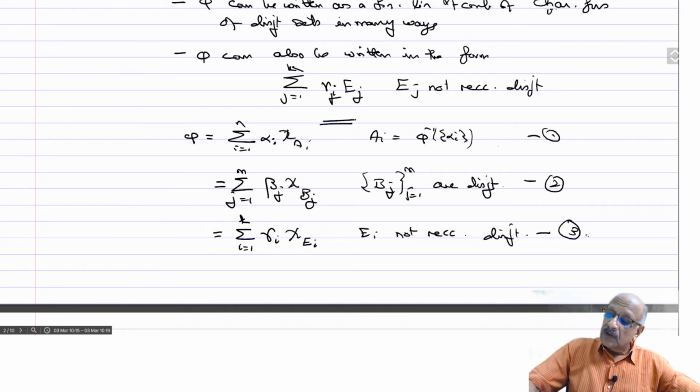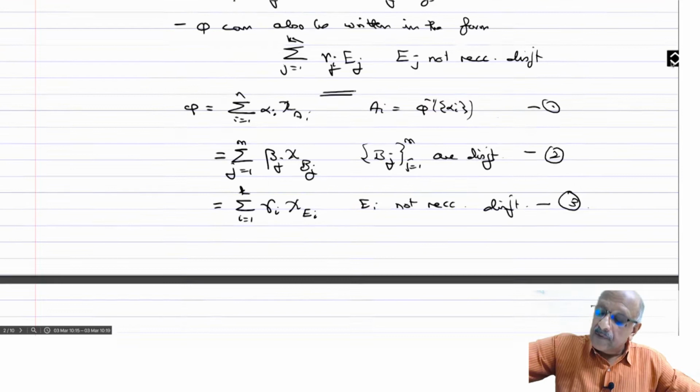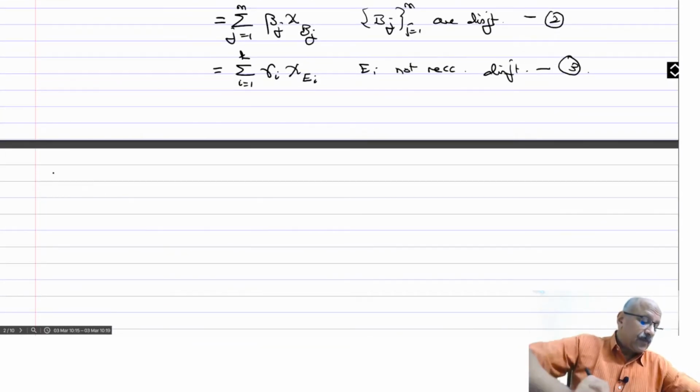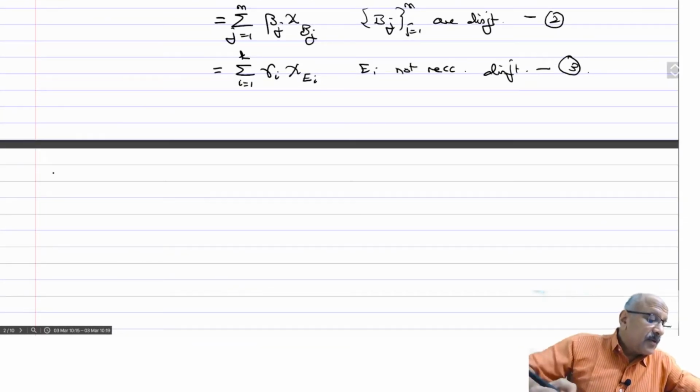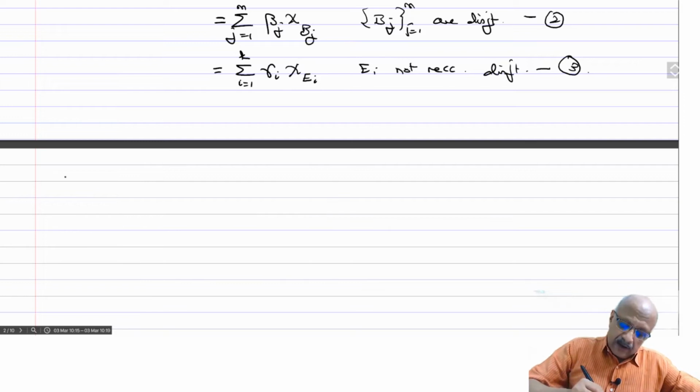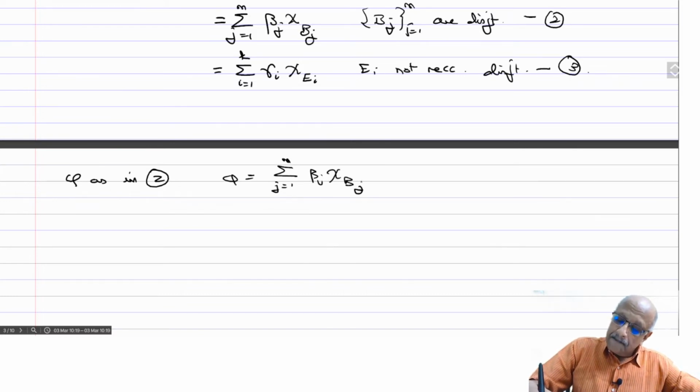So this is the third form in which we are going to write a given function. Let us take phi as in 2. So this means phi equals sigma j equals 1 to m beta j chi of Bj, disjoint.